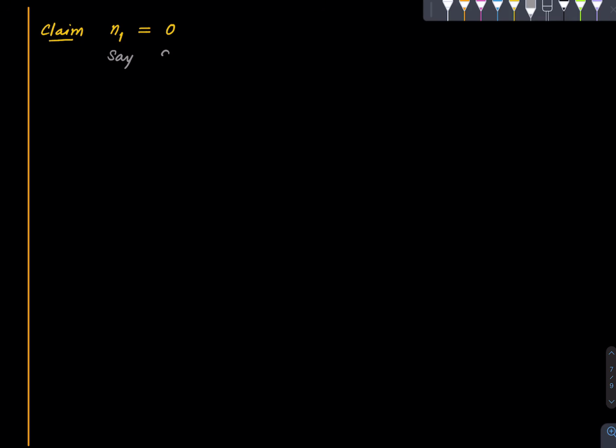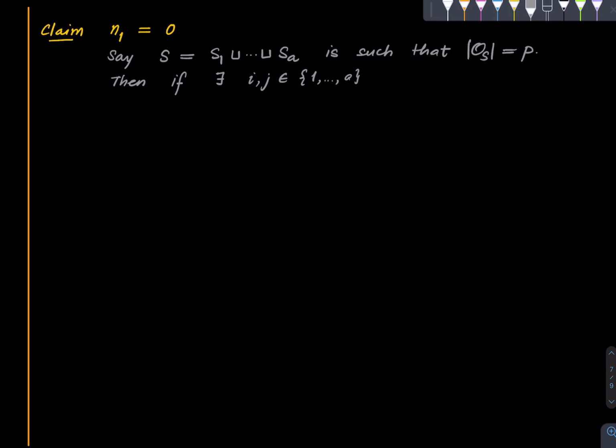Say S equals S1 disjoint union SA is such that the orbit of S has size P. Then if there exist i and j, meaning two different coordinates, such that Si is non-empty and properly contained in Xi, and same for Sj, then you can show that the orbit of S is actually at least P square.